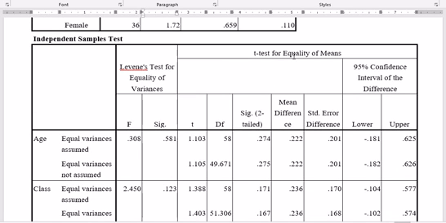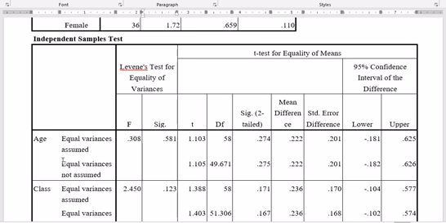That's what we have for F statistics and significance. Now the t-test for equality of means, you know we are comparing means, and that is what we have from this line down. We have T, degree of freedom, significance two-tailed, mean difference, standard error, mean lower, and the upper one. Now under the two options we have here, equal variance assumed and equal variance not assumed, you don't need to assume.